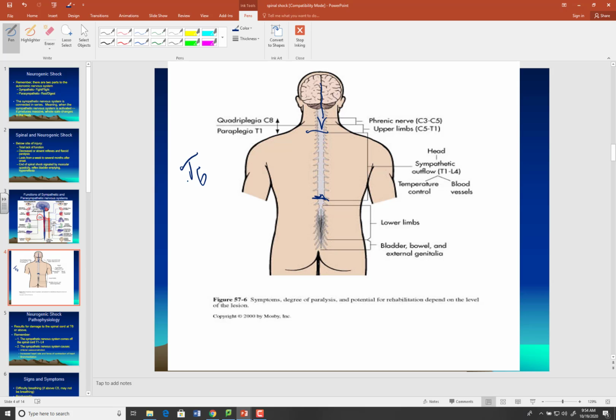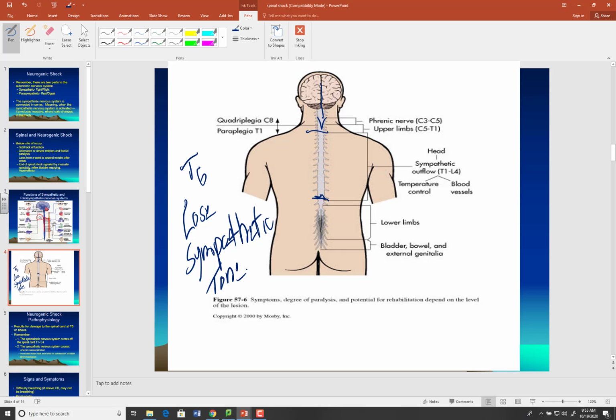So in essence, with a spinal cord injury above T6, you lose the activation of the sympathetic nervous system, or in your book, it's called sympathetic tone.